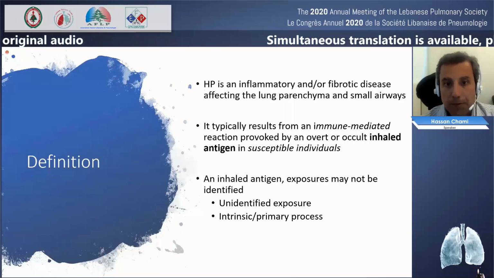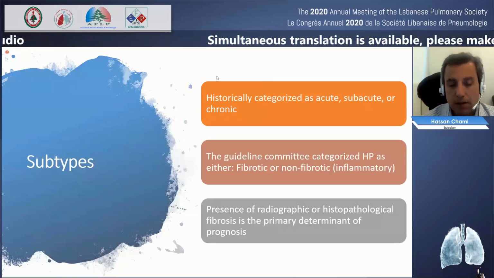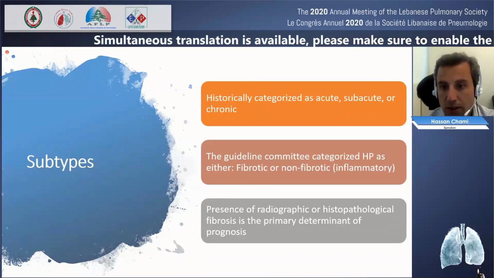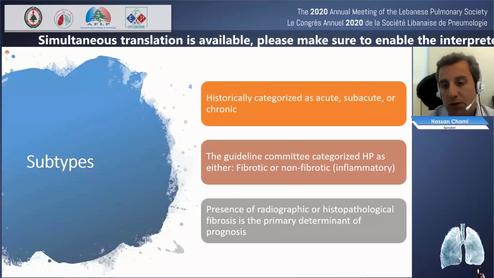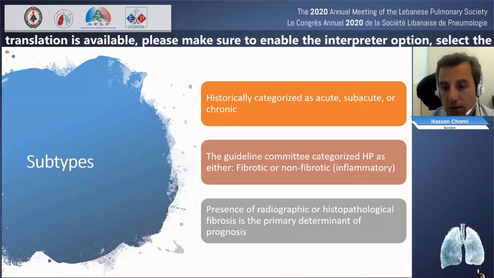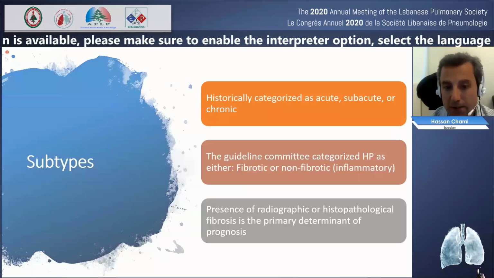Now, the categorization of hypersensitivity pneumonitis has historically been presented as acute, subacute, or chronic, but these three categories are often not well delineated.